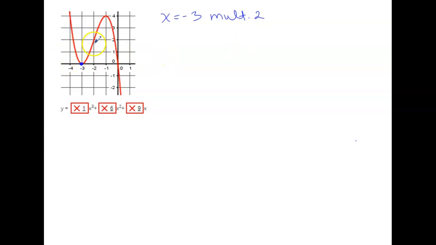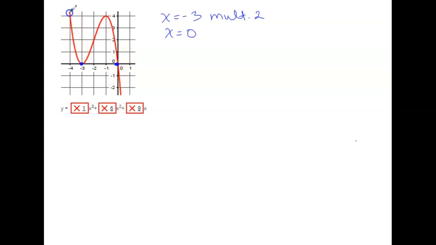Because bounces have even multiplicity, and since we want to write the polynomial of least degree, the lowest even number is 2. And then our next real zero we see is here at the origin, so x equals 0, and that is a cross, so it does not have multiplicity. The factor would be linear.